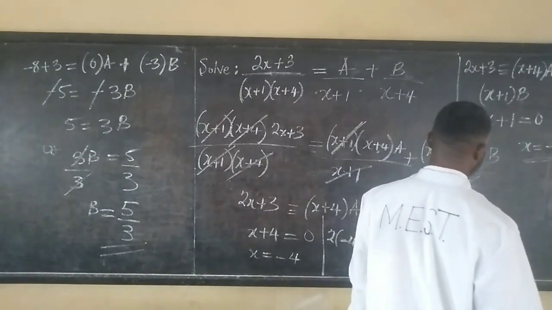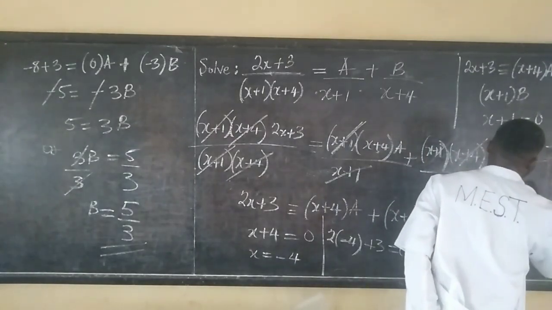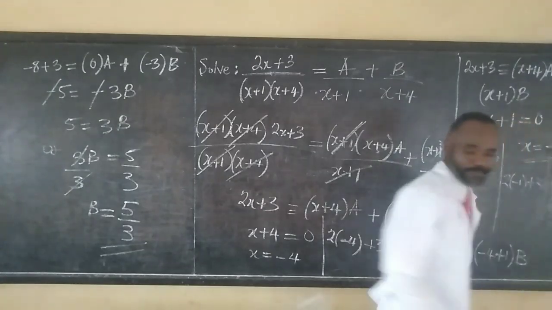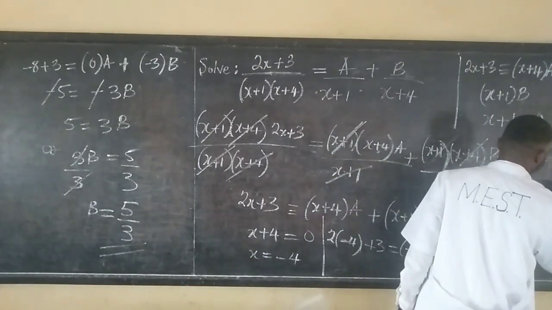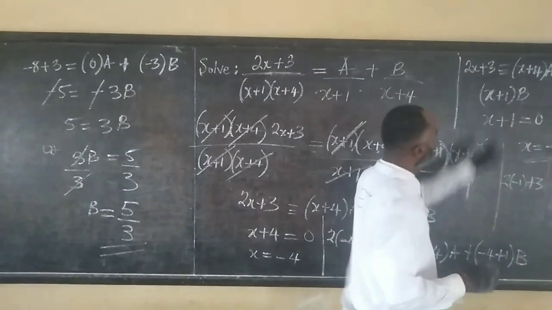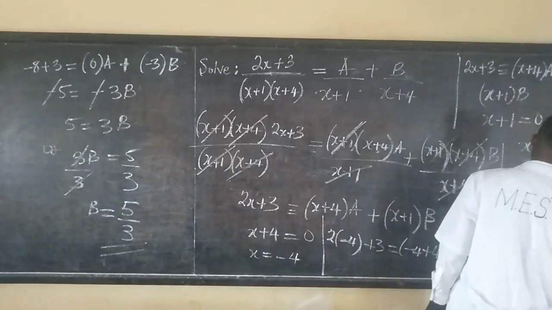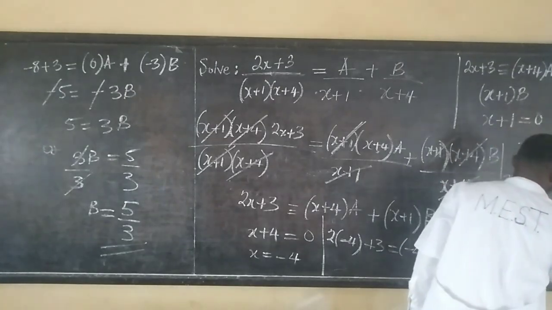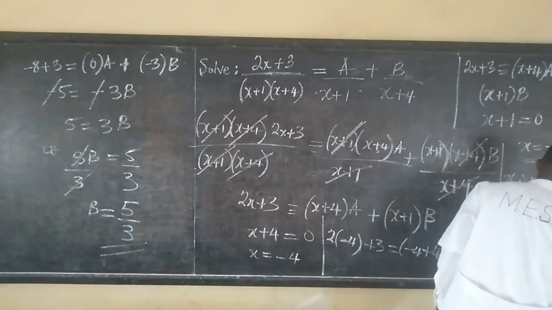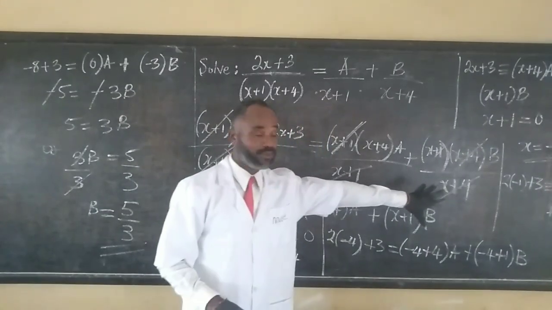We have 2 times (minus 1) plus 3, equivalent to (minus 1 plus 4), that is A, plus (minus 1 plus 1), and that is B. Can you see that? It's very simple.